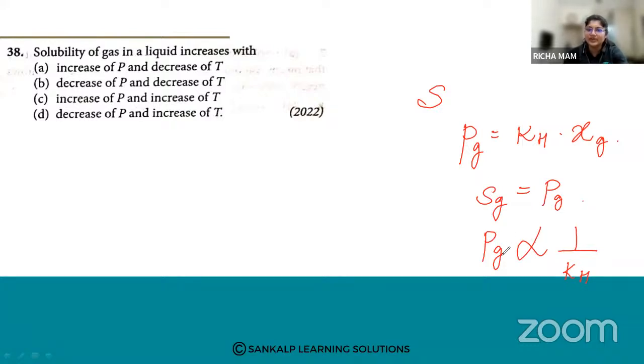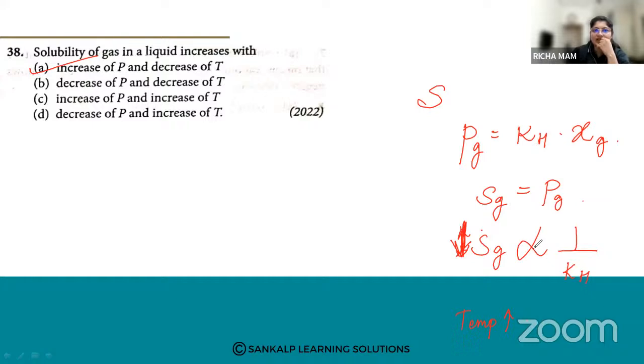The solubility of the gas decreases, because the kinetic energy also increases. So which is the answer? It is A: increase of pressure and decrease of temperature.